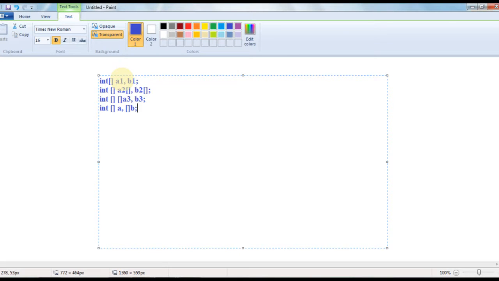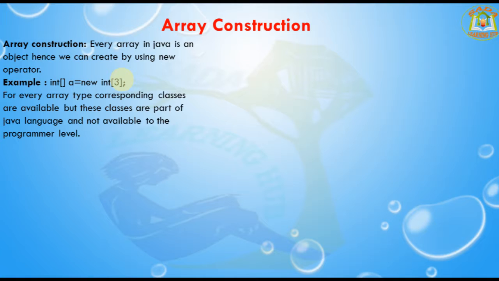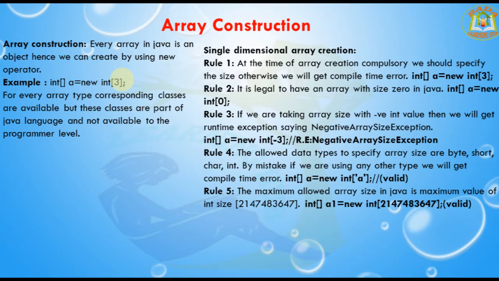For example, if you can see int[], this is an array type and the corresponding class is like this. These are not available at the programmer level. Here we need to follow some rules for array construction.